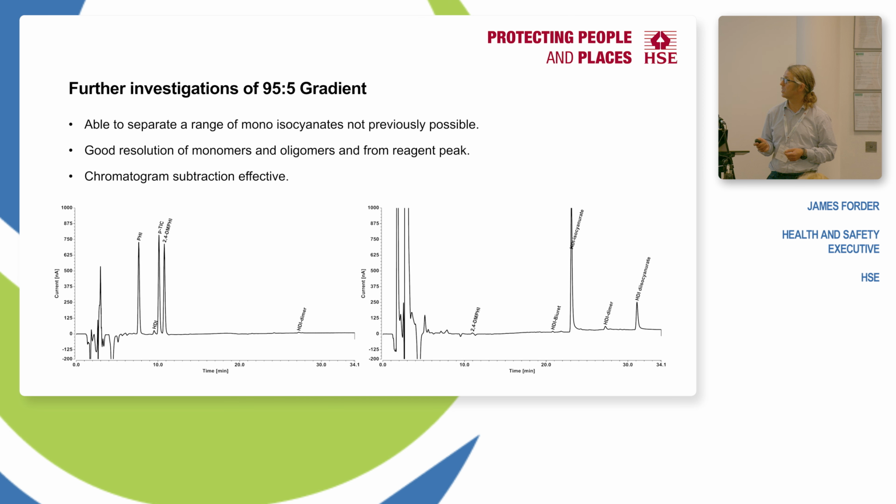I mentioned monoisocyanates earlier. In this case, our main interest is in decomposition products of diisocyanates. These were from foundries, which operate at high temperatures, and they use methylene diphenyl diisocyanate to bind the sand together when they're moulding.